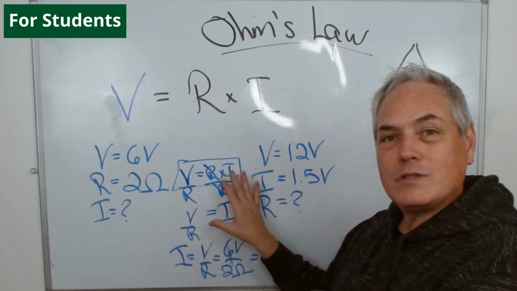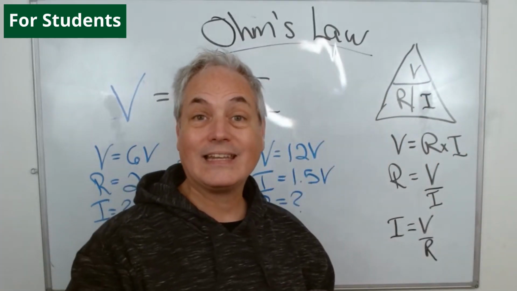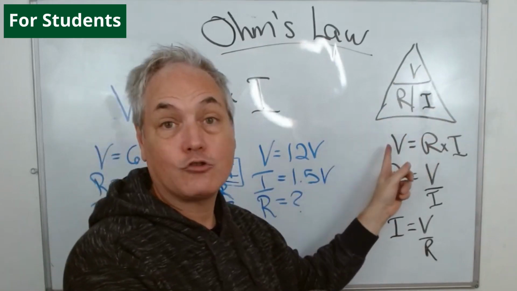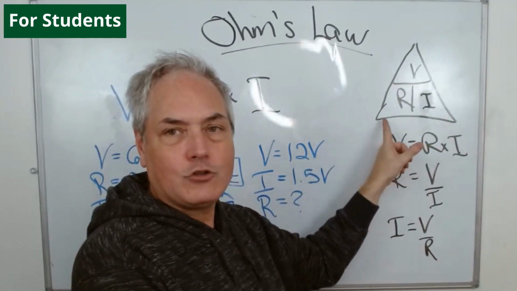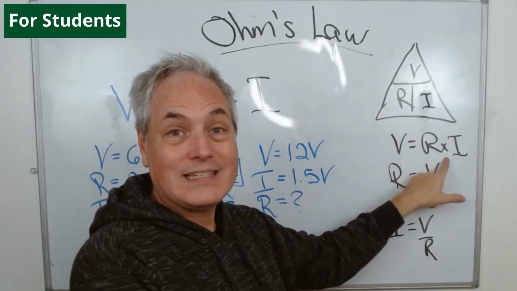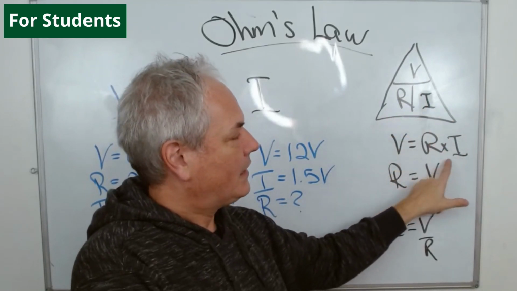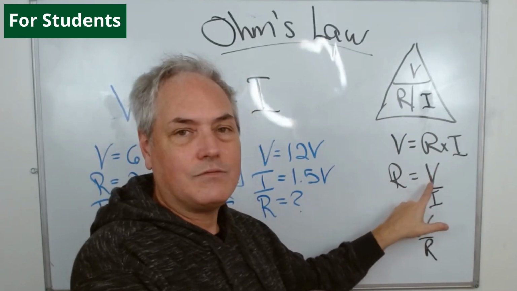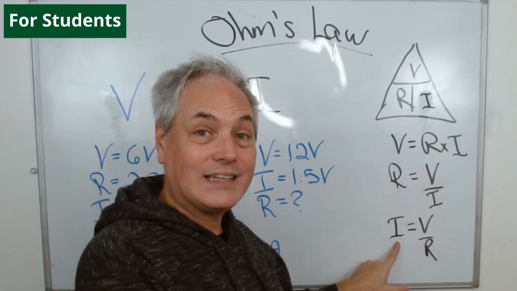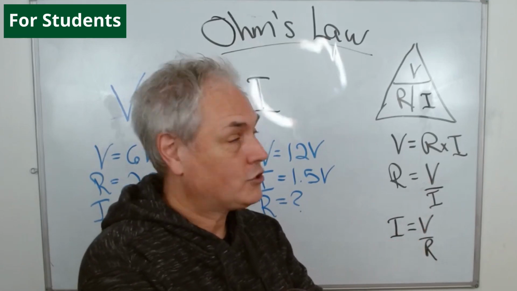Now, some of you said, I don't like the algebra piece, it's tricky. So let me give you the example of using a triangle to figure out the equation you need. If you have a triangle like this, this is Ohm's law. We have V, R, and I. If you isolate the resistance, it's V over I. If you isolate the I, it's V over R. So how can we do the calculations here?